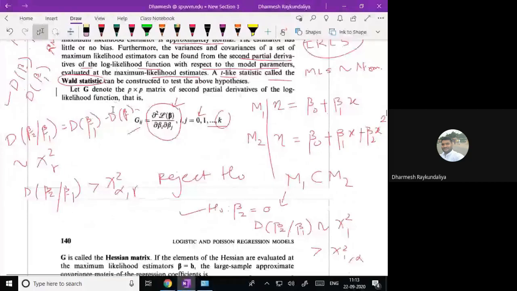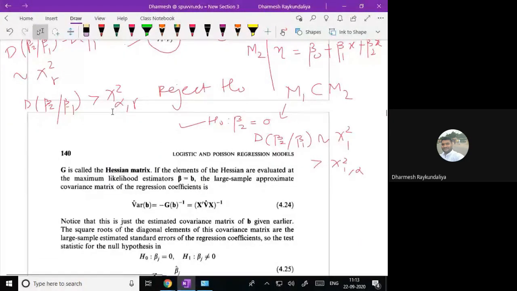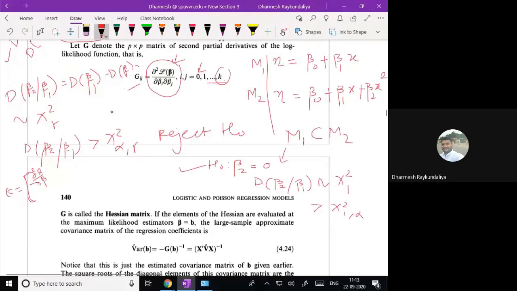So if you write, let us say, p equal to k plus 1, then G denotes the p cross p matrix of the second derivatives, and we call it the Hessian matrix. If you remember, we calculated the Hessian matrix for the two parameters: del square L by del beta 0 square, del square L by del beta 0 del beta 1, del square L by del beta 1 del beta 0, and del square L by del beta 1 square.